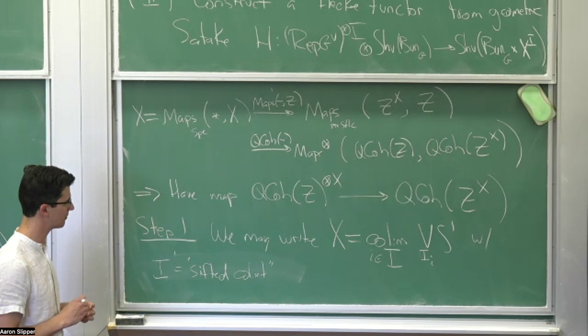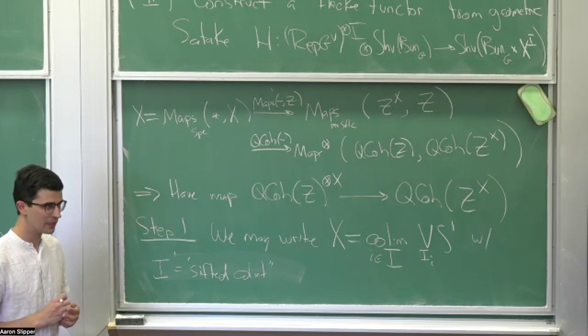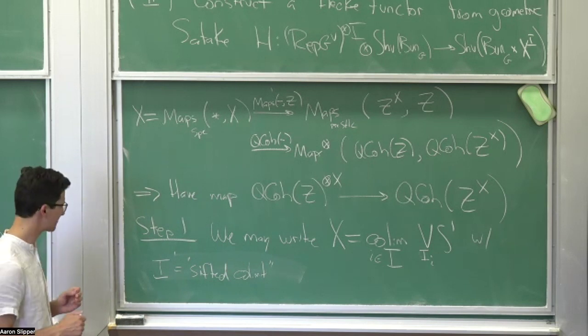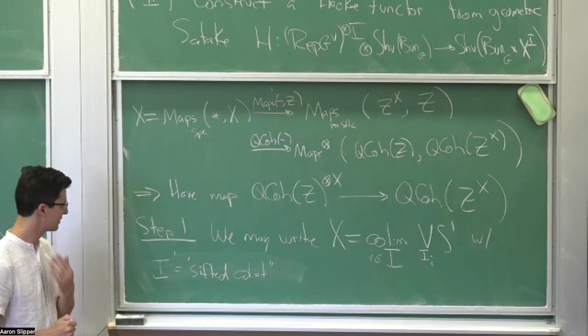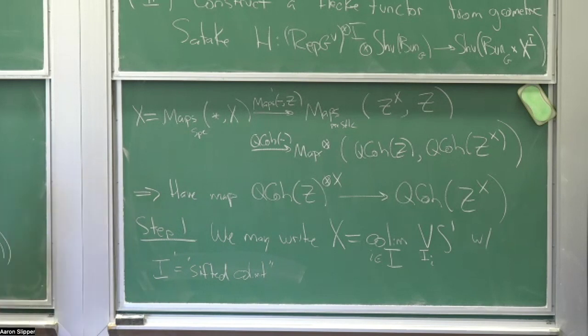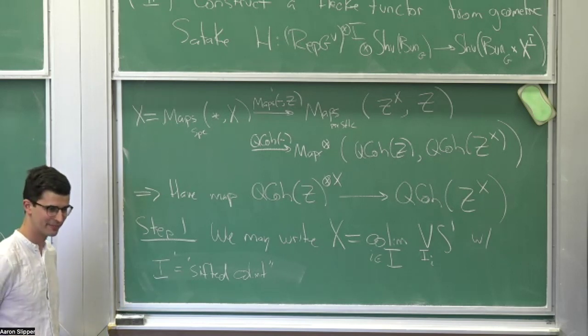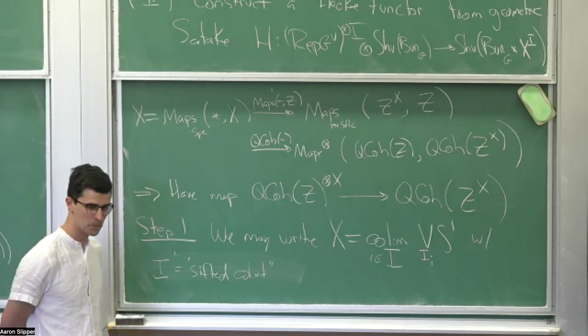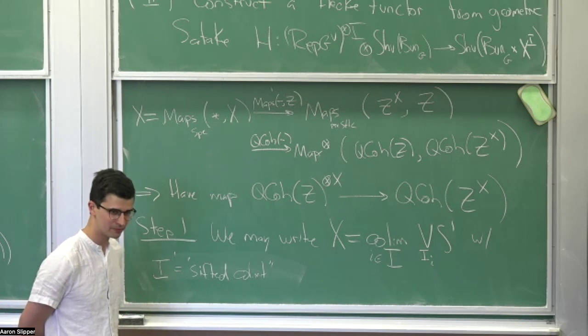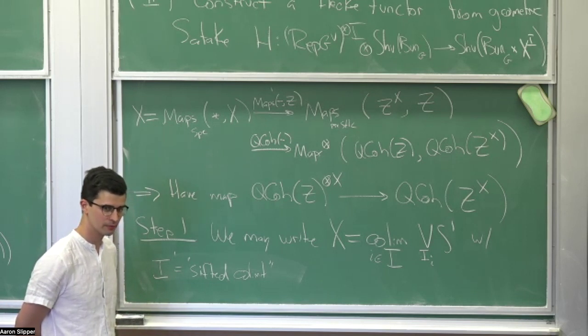What's the logic? Finite sets, right? It's a sifted colimit of discrete sets. Finite sets. Yeah, actually. So how do you write it as a colimit? More or less by definition, because spaces are the same as product-preserving sheaves on finite sets.